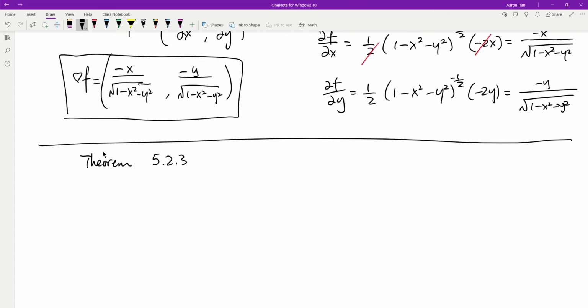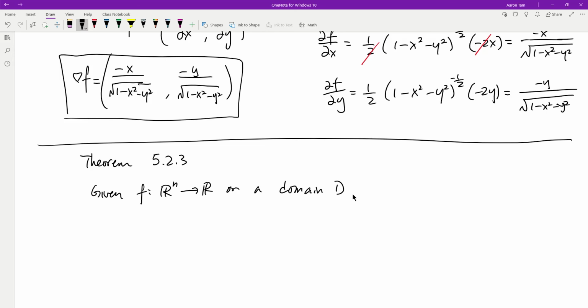So 5.2.3 states the following. Let's say given f mapped from Rn to R, on some kind of domain D. So therefore, it implies that D has to be within Rn.